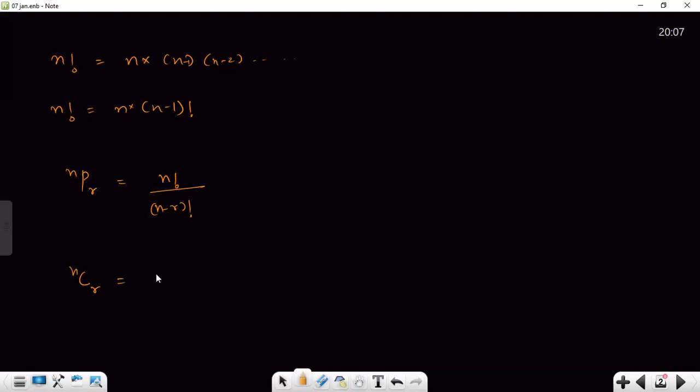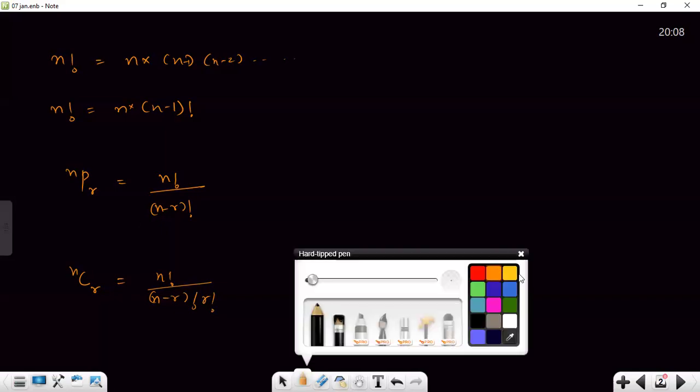When we solve for combinations, we'll only be calculating the number of selections, the number of ways to make r selections out of n things. So these are 4 formulas.